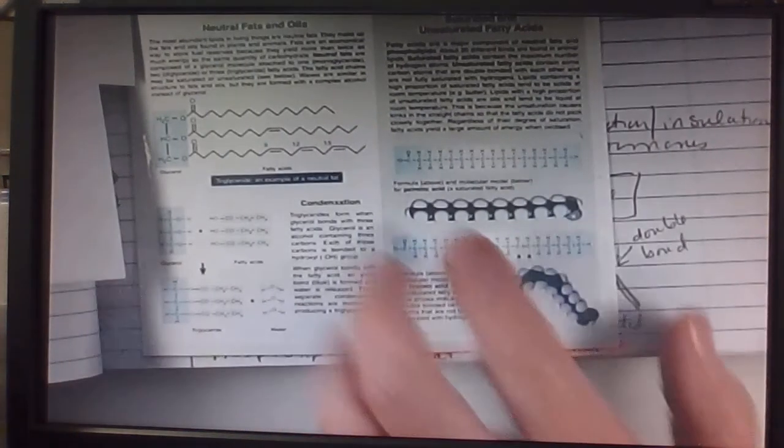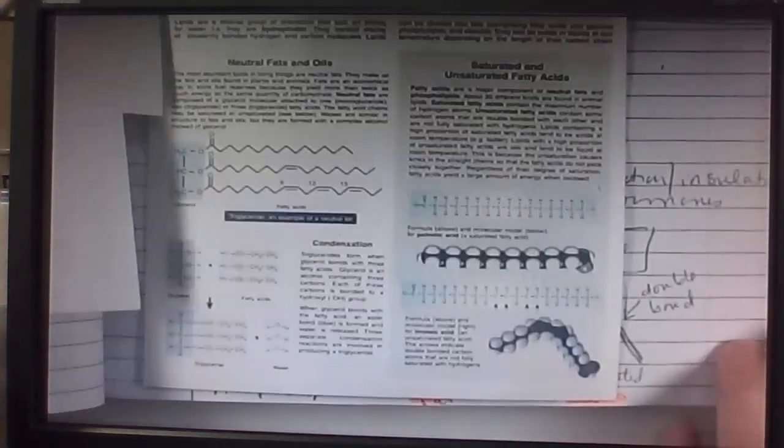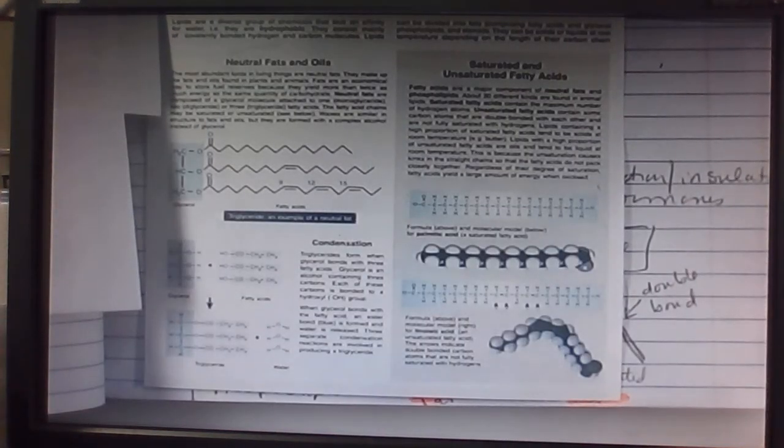And then I gave you a little lipid picture that you can tape on top of there, give you a little bit more visual.